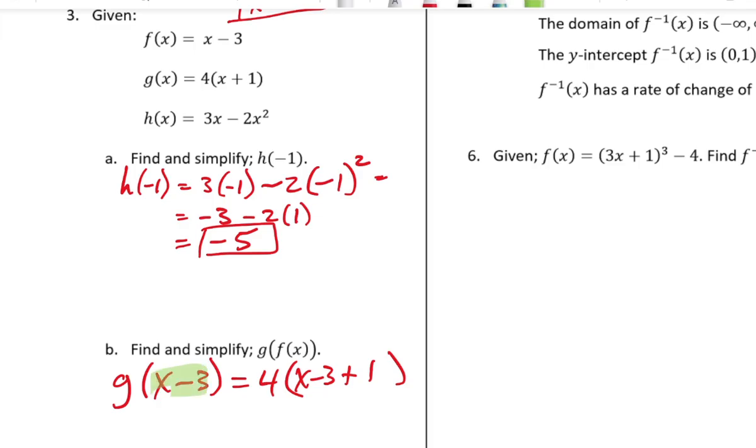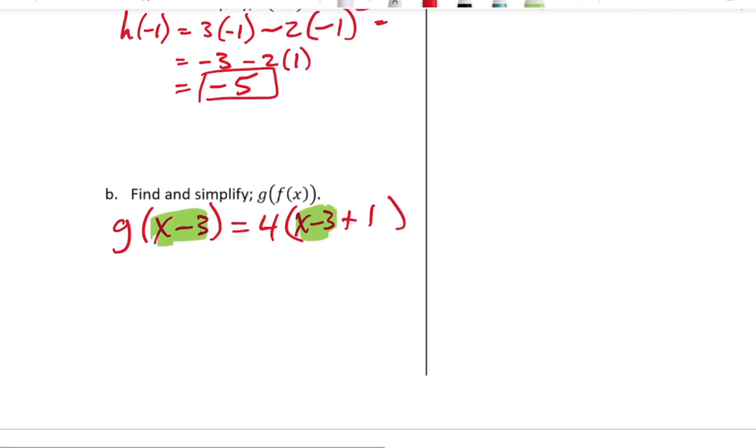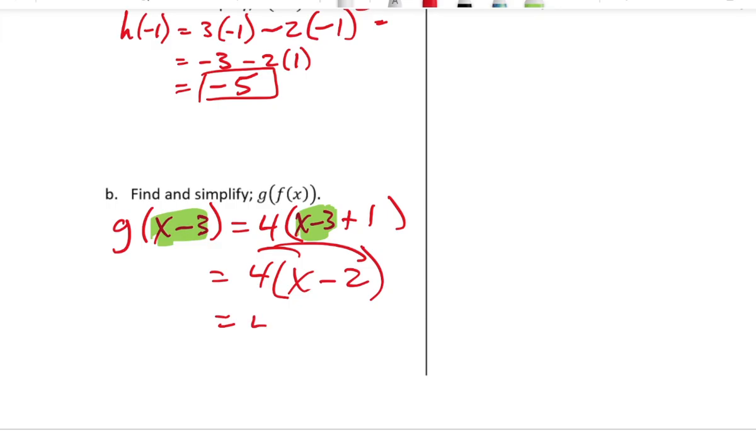So this becomes this right here. And we're going to simplify that with just combining like terms. We'll put negative 3 and positive 1 together, and then just multiply the 4 in distributive property. So 4x minus 8. And there we go. There's our expression. That is g of f of x.